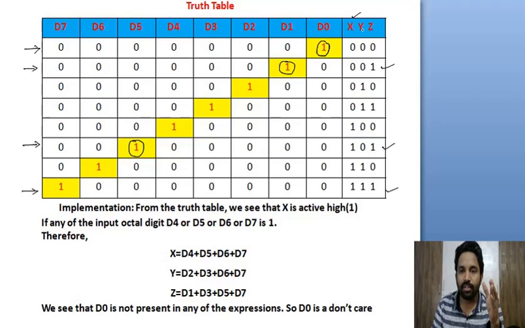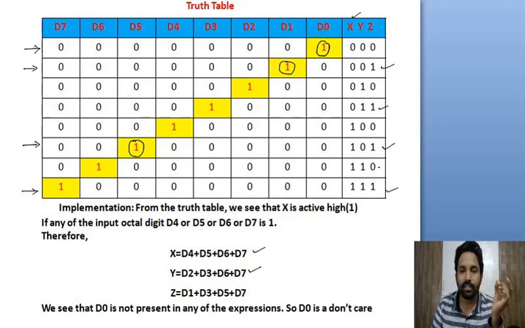Similarly, observe the Y column, the Y output. Y is activated here, that means the respective D2 and D3, and next D6 and D7. That is what we mentioned here. And similarly Z is active high. The corresponding inputs are D1, then D3, and next D5 and D7.